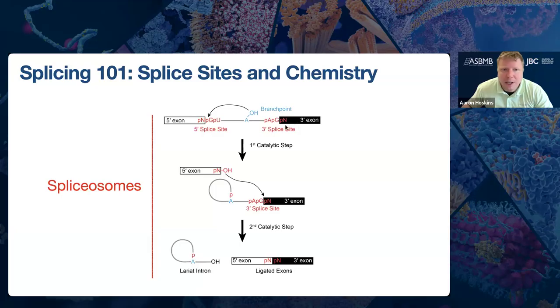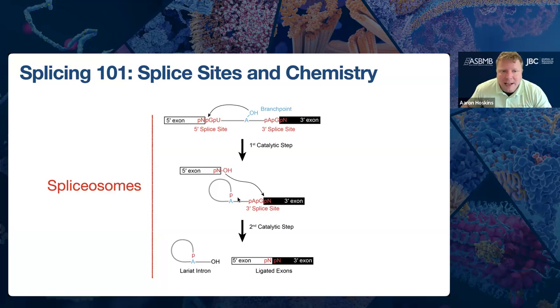That involves two sequential transesterification reactions. In the first step, a phosphodiester bond is formed between the branch point adenosine and the 5' splice site to form a lariat intron structure, and this releases another phosphodiester bond to free the 5' exon. That's why this is a transesterification reaction.